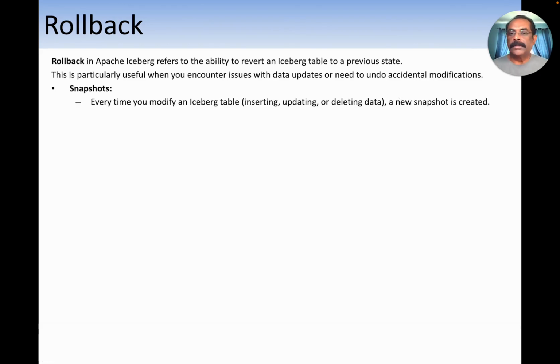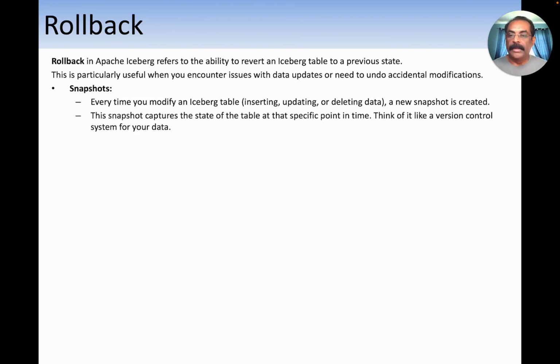So let's understand some of the technology. I'm sure you're already aware of it from other YouTube channels from Ambari Cloud. Snapshots: every time you modify an Iceberg table, with an insert, update or delete, a new snapshot is created, and each snapshot has file information. This snapshot captures the state of the table at a specific point in time.